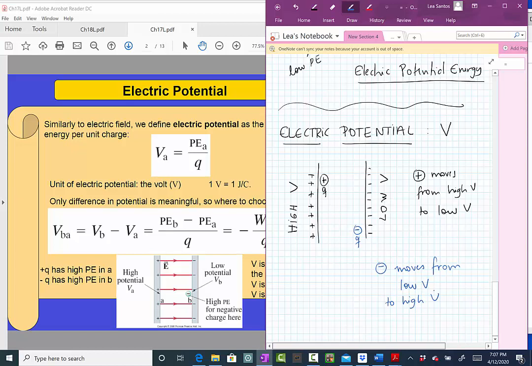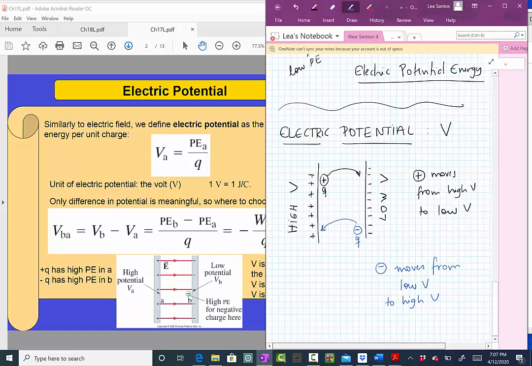The potential energy, be the charge positive or negative, as it's moving naturally, decreases. But in terms of potential, this new concept that we're introducing here, a positive charge moves from high potential to low potential, and a negative charge moves from low potential to high potential.